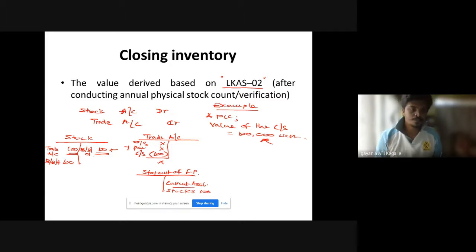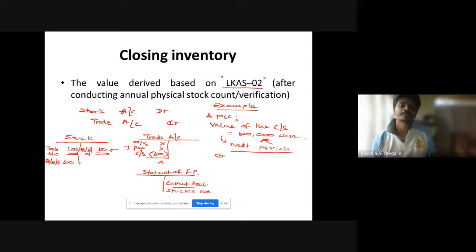What we need to do for this opening balance is transfer that amount into the trade account. So, the opening balance of the next period. In the next period, the opening stock balance: now we have identified in our stock account that we are having 100,000.